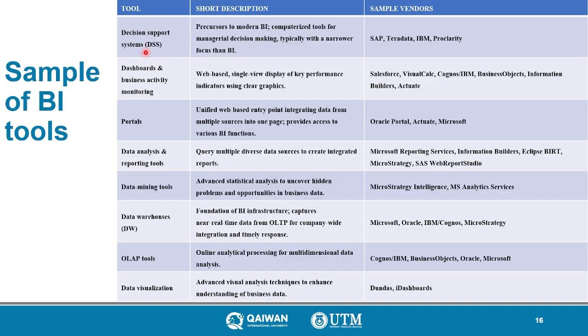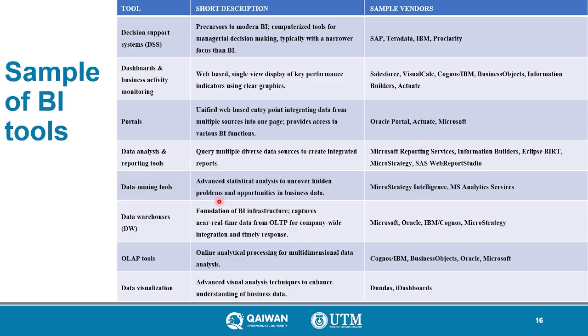For a decision support system, we have SAP, Teradata, IBM, or ProClarity. For dashboard and business activity monitoring, we have Salesforce, Visual Calculus, Cognos IBM, Business Objects, Information Builders, and Actuate. For the portal, we have Oracle Portal, Actuate, and Microsoft.